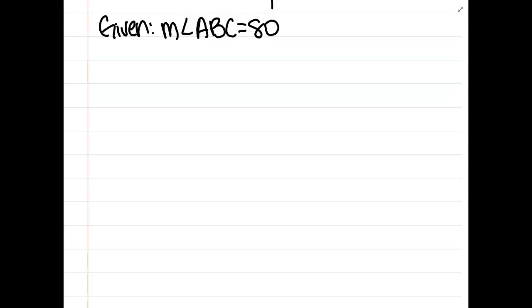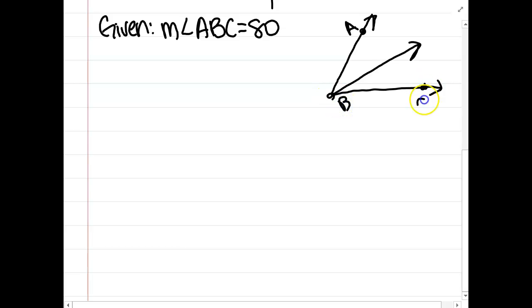Okay, so your picture, we have got this angle, a ray, and somewhere in between the angle. I don't know it's the bisector unless they tell me that. Okay. We're going to have point A here. B is going to be that shared vertex. C will be that point here.